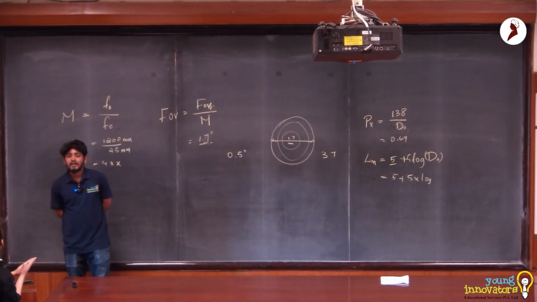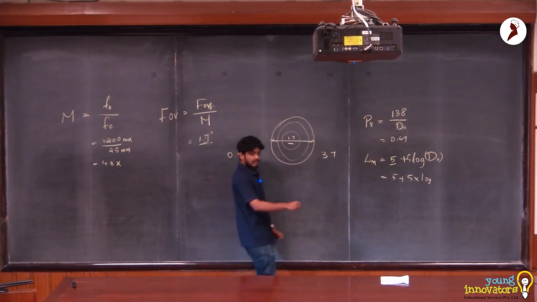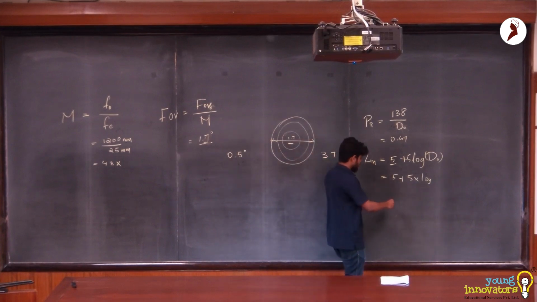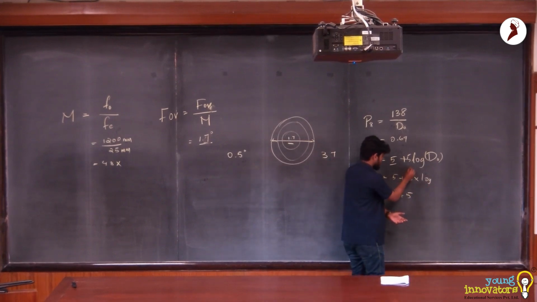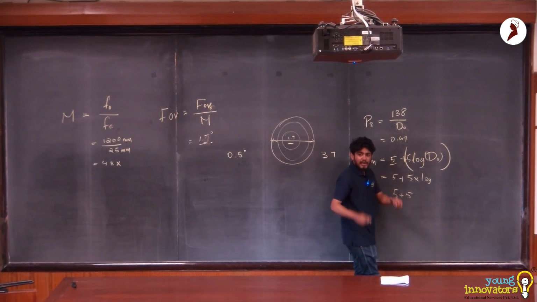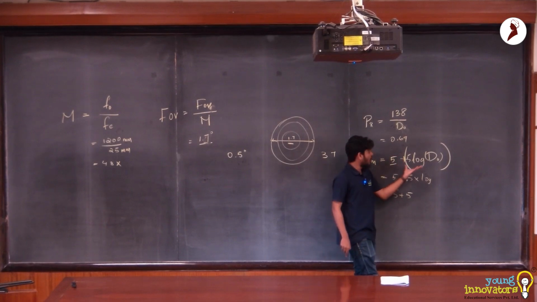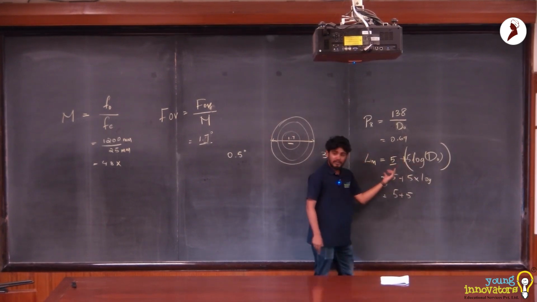Listen. Don't do this in your calculator: don't add 5 plus 5 and then multiply by log D. This comes as a whole thing. You have brackets in your calculator, so either use that, or calculate 5 times log D first and then add 5 to it.